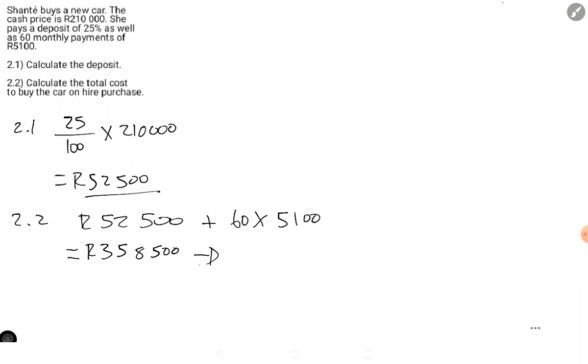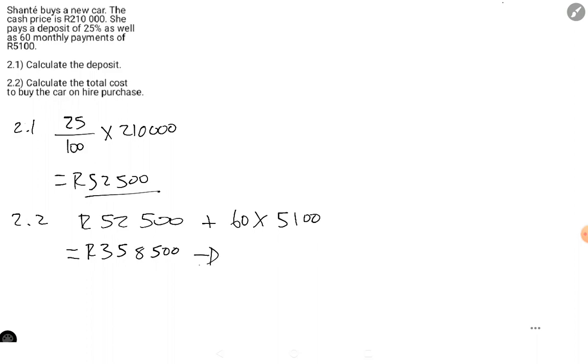So the question was, she buys a car, and the car costs 210,000, and then she pays a deposit of 25% of the total cost, which is the 210,000. So if she puts down a deposit, that's 52,500, as well as 60 monthly payments of 5,100.